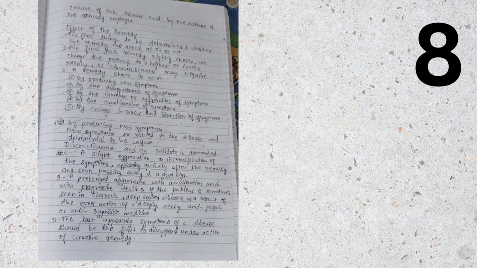By producing new symptoms not related to the disease and detrimental to the patient's welfare, discontinuance and an antidote is demanded. A slight aggravation or intensification of the symptoms appearing quickly after the remedy and soon passing away is a good sign.